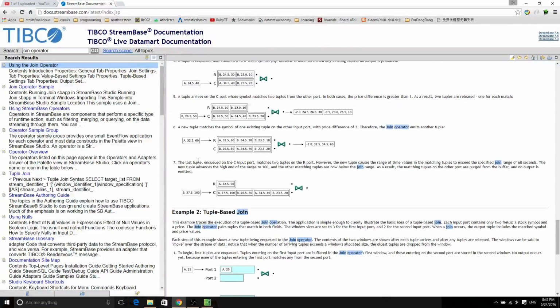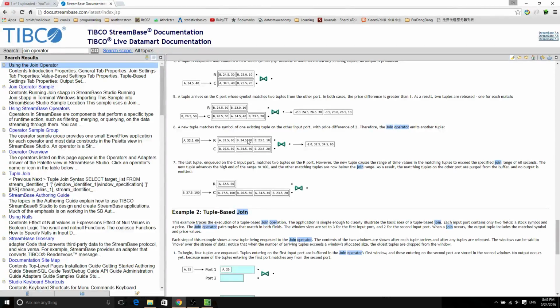Okay, let's go into the last tuple, which is B, 27.5, 100. Notice that two values from the first stream got dropped. Why is that? It's because 100 is more than 60 away from 30 or 10. 100 minus 30 is 70, which is greater than 60, and 100 minus 10 is 90, which is greater than 60. Therefore, the two values got dropped, although they have matching symbols, B at 24.5 and 27.5.